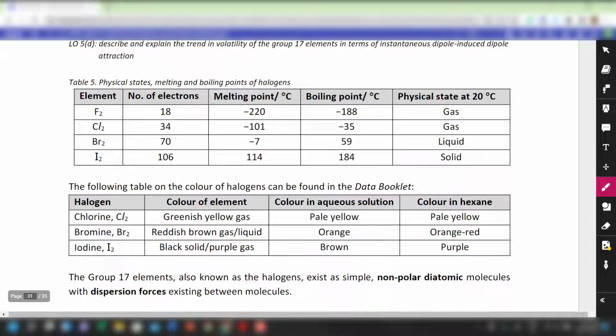In fact, bromine is one of the two elements which exist as a liquid. The other element is mercury, which is quite interesting because mercury is a metal that exists as a liquid. If you read more about mercury, you realize certain interesting chemistry about it.